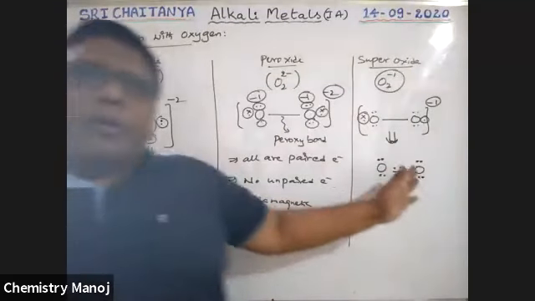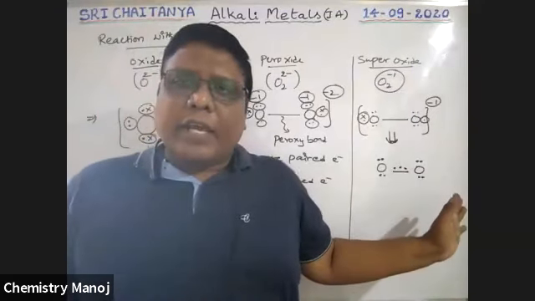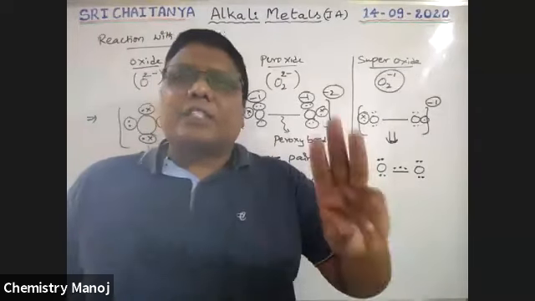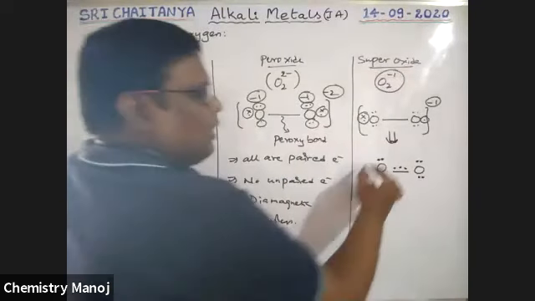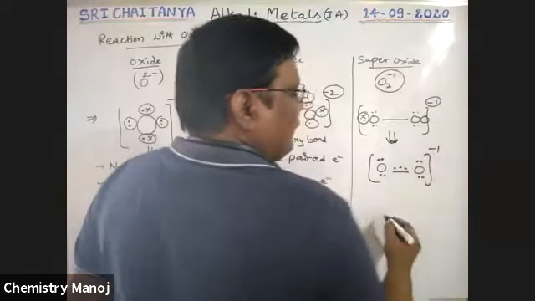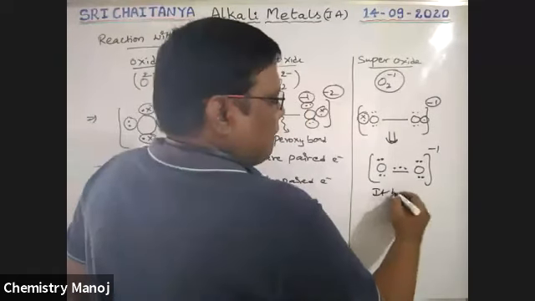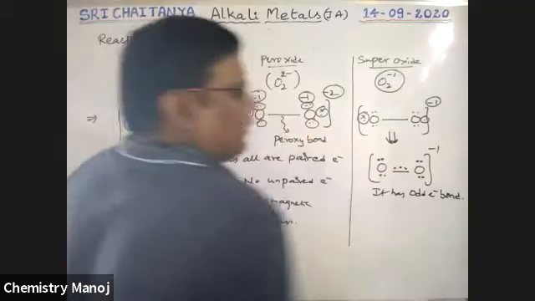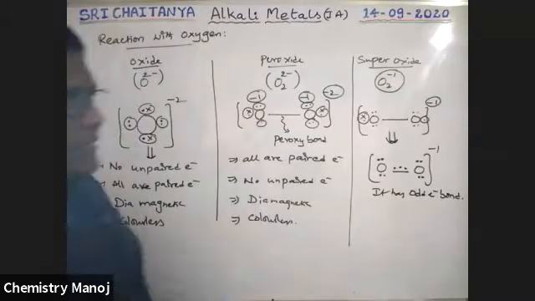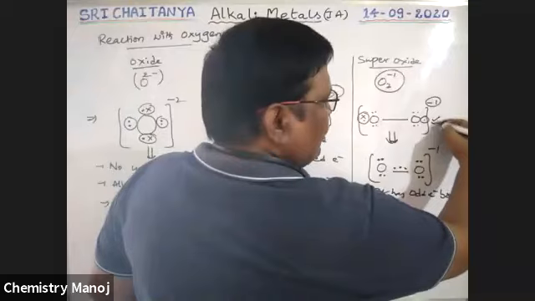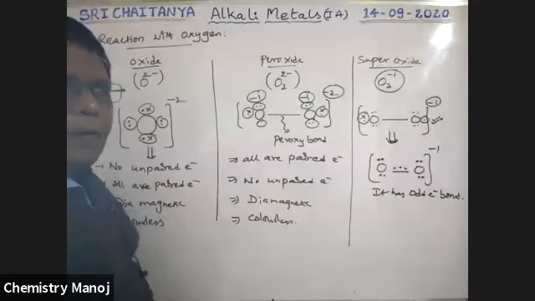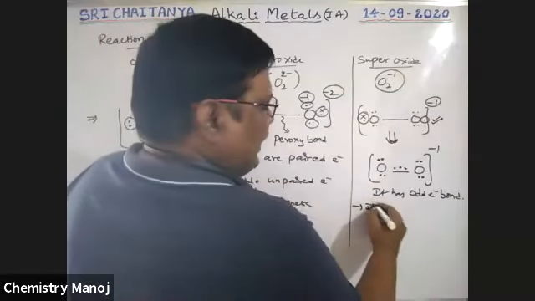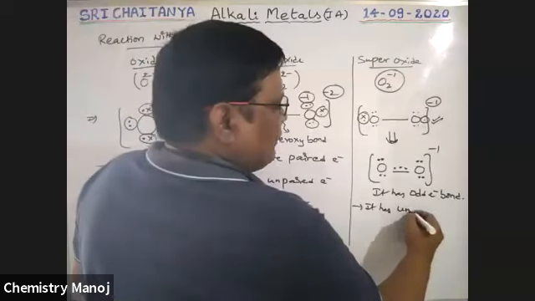So there is a double bond character, but one bond has 3 electrons. Therefore, it has an odd-electron bond. Next, it contains an unpaired electron, boys. Therefore, it has an unpaired electron.